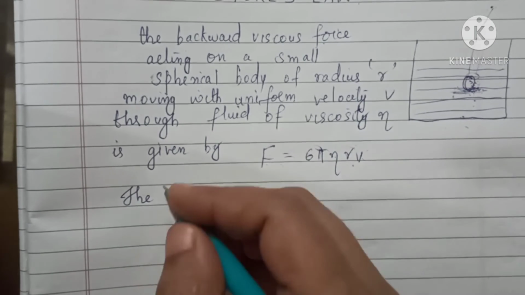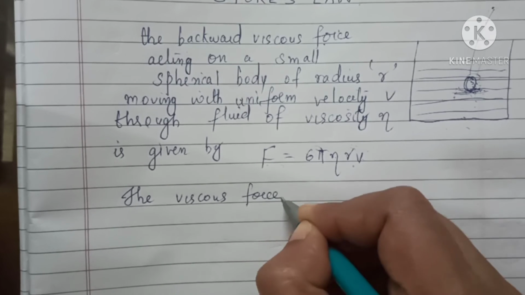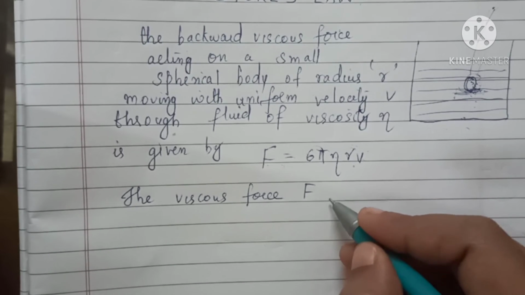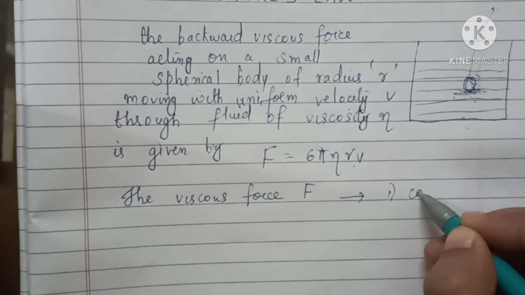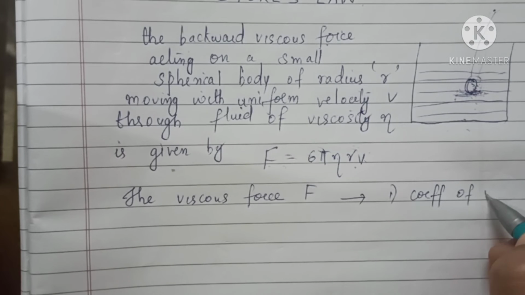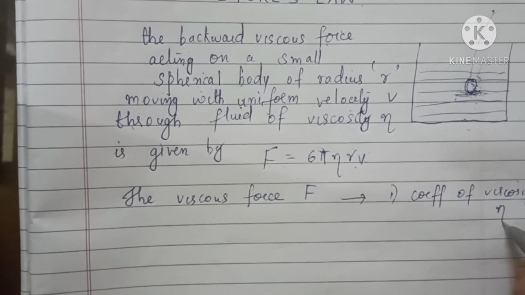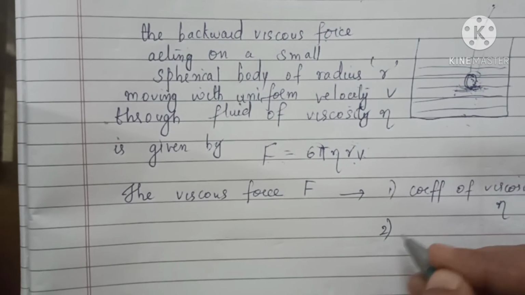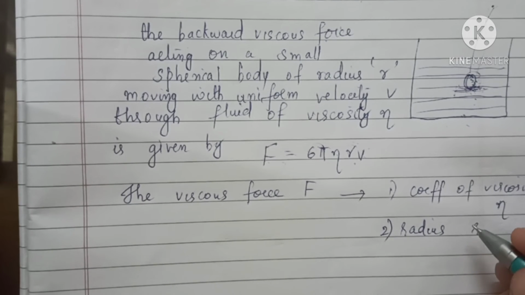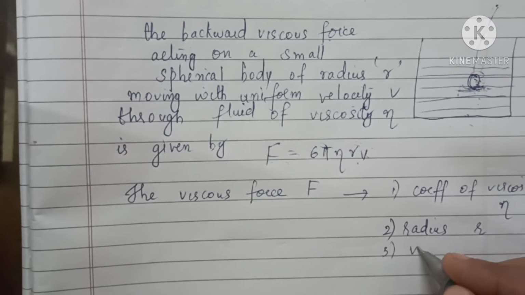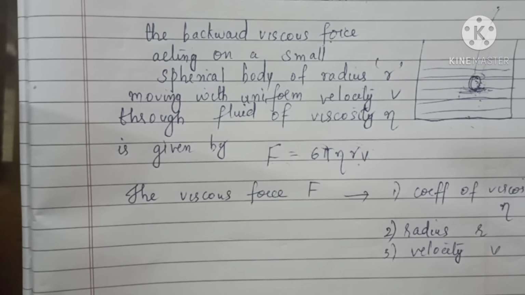Here, the viscous force F acting on a sphere moving through a fluid depends on the coefficient of viscosity eta, the radius r of the spherical body, and the velocity v of the body.